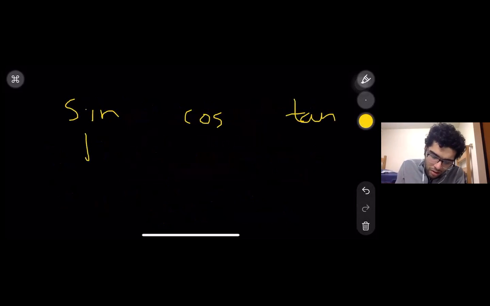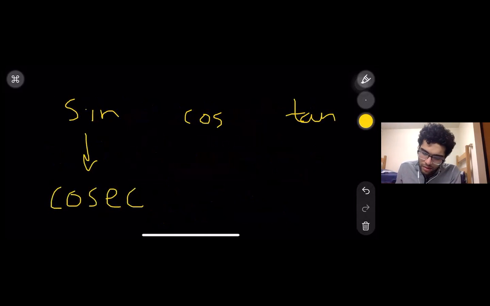So we had sine, we had cos, and we had tan. Each of them has their reciprocal. We have cosecant, we have secant, and we have cot.